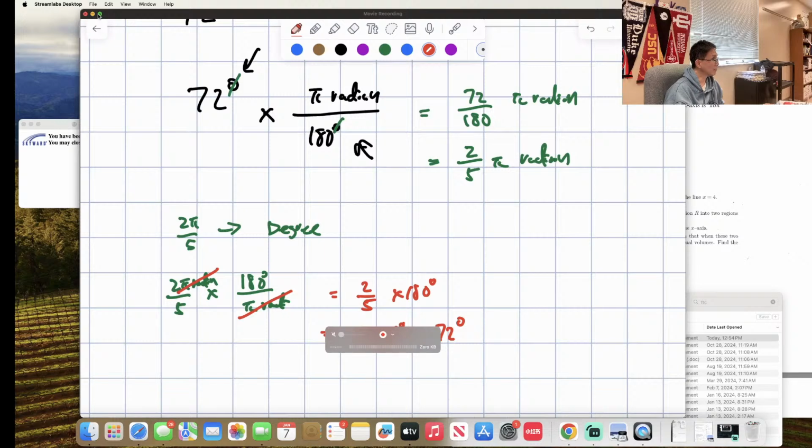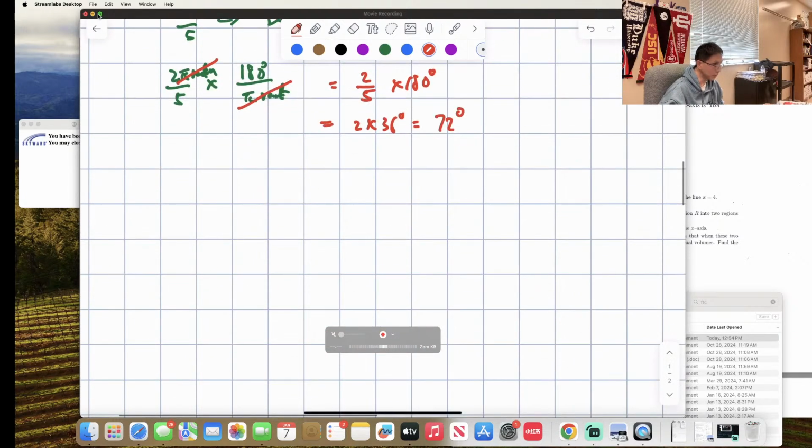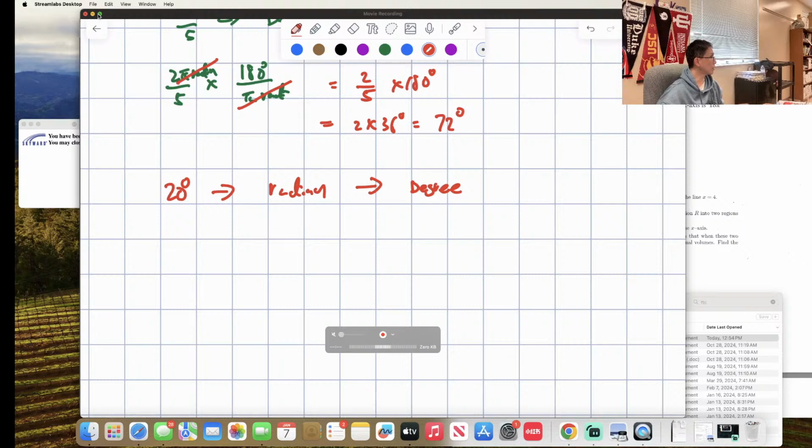You understand? So right now, I want you to convert 20 degrees to radians. And after that, I want you to convert back to degrees. See if it matches. So make sure you use dimensional analysis. If this is on the SAT, that's an easy question.